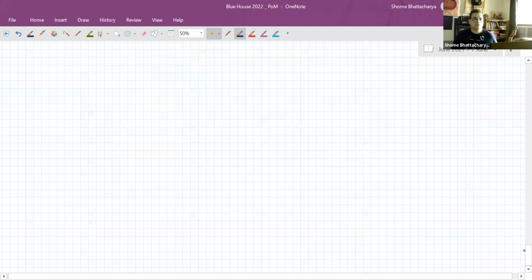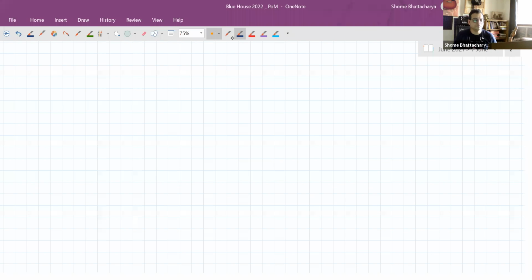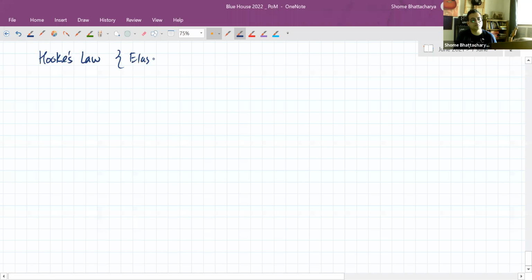Now we come to the second form of Hooke's law. Hooke's law that we had seen earlier was defined for a spring. Okay, but the general equation of Hooke's law in elasticity of all materials.